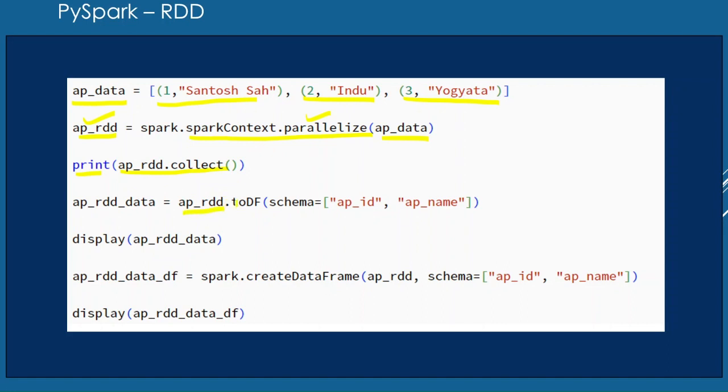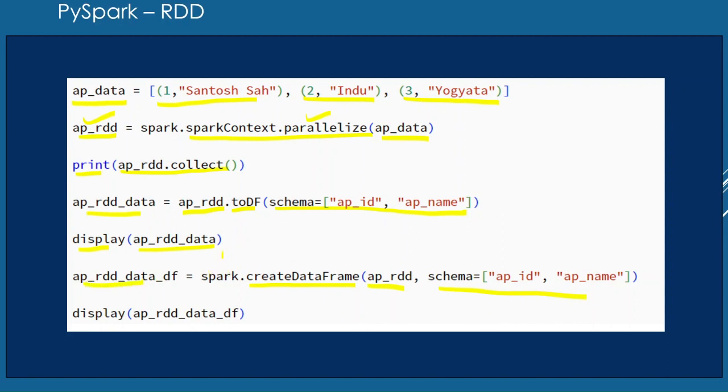On this RDD, toDF is a function. With the help of that, by passing a certain schema, we can convert the RDD into the data frame. And with the help of the display function, we are displaying the content of this data frame. With the help of the createDataFrame function, we can also pass the RDD and the schema to create a data frame.